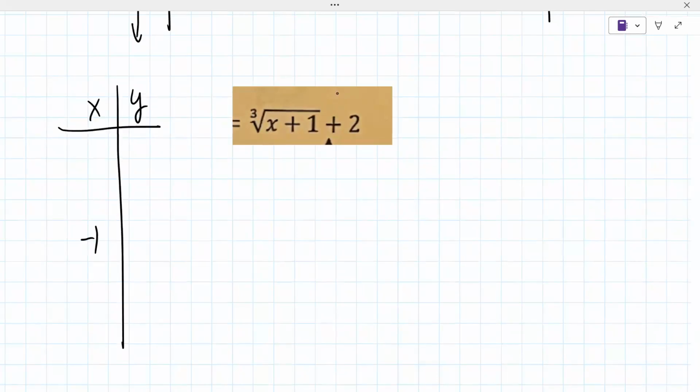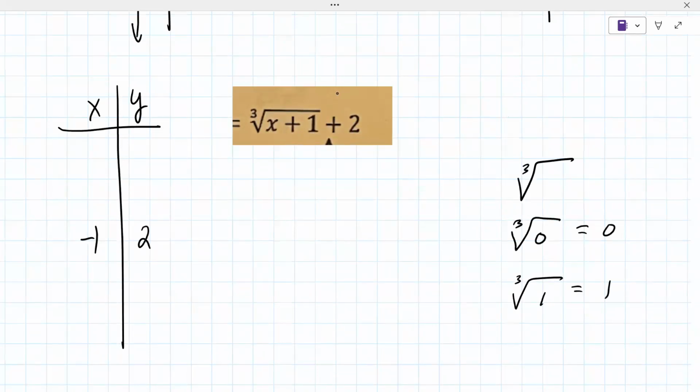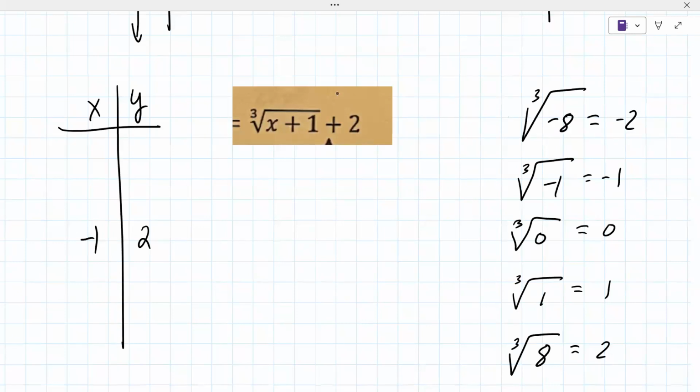One of the problems with this one though is you cannot take the cube root of very many things. You can take the cube root of only a few things. You can take the cube root of 0. The cube root of 1 is 1. The cube root of -1 is -1. The cube root of 8 is 2, and the cube root of -8 is -2.